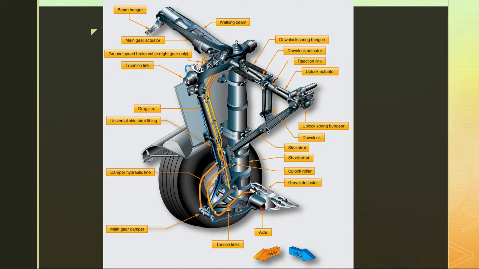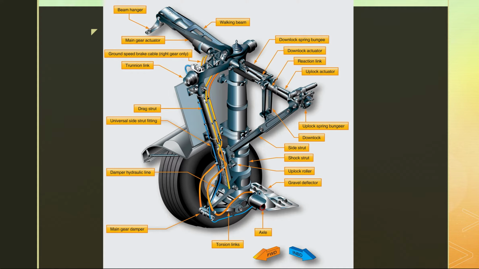Now, what we really need to know is it's not just hydraulic pressure that holds the wheels down, because what if you have a leak and you lose all the hydraulic fluid, then it would just fold up on you. It'd be pretty embarrassing. So when the gear's down, there's actually a down lock. This is a component that's holding the gear down. On the side strut here, usually what happens is they'll be extended straight or slightly over straight.